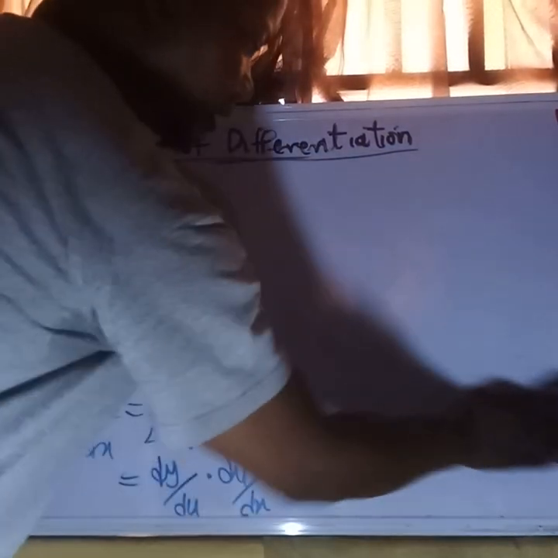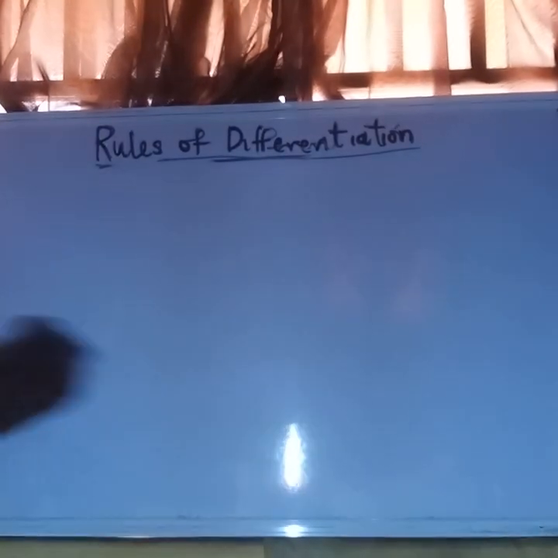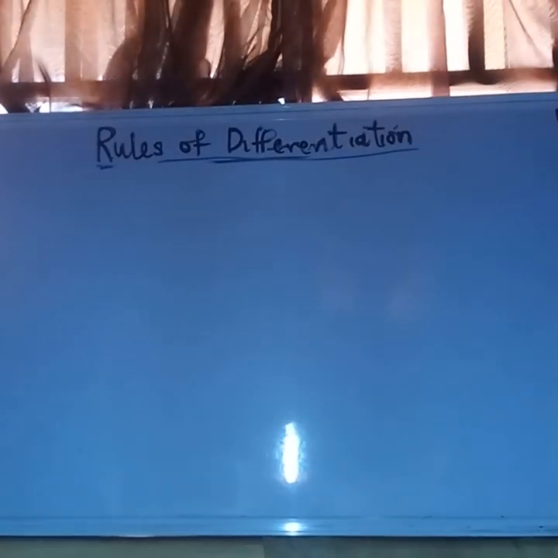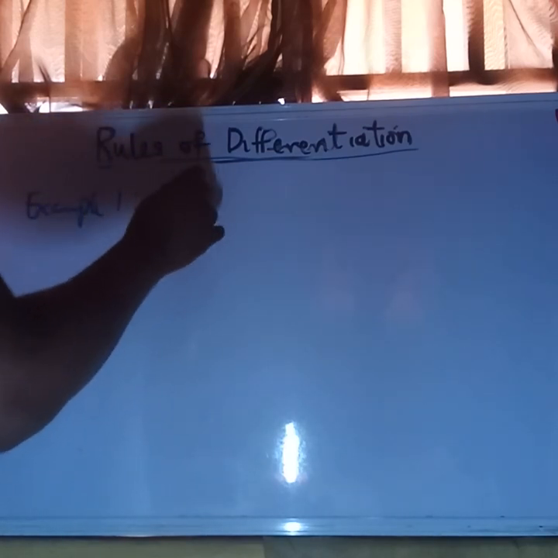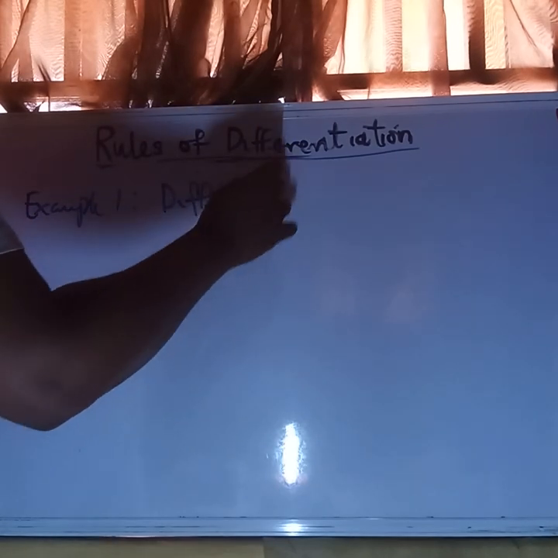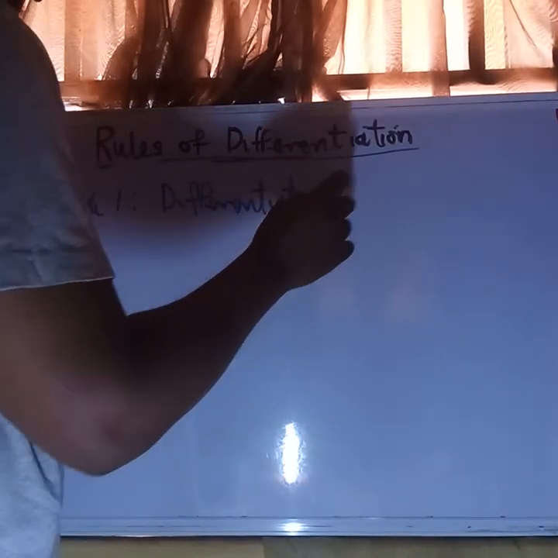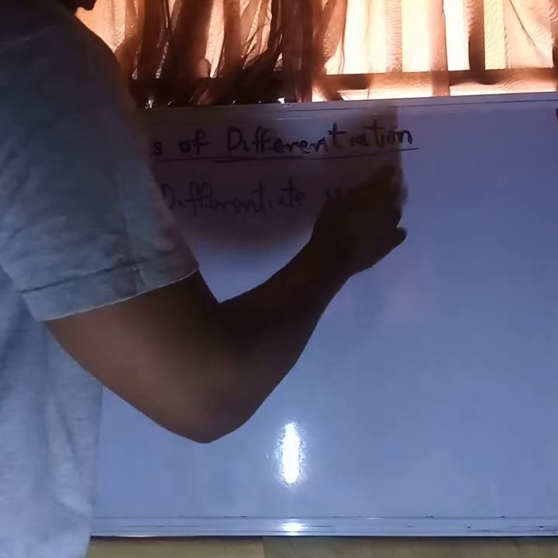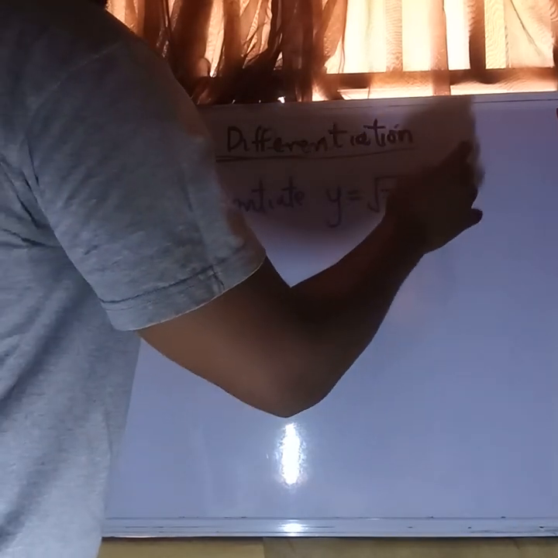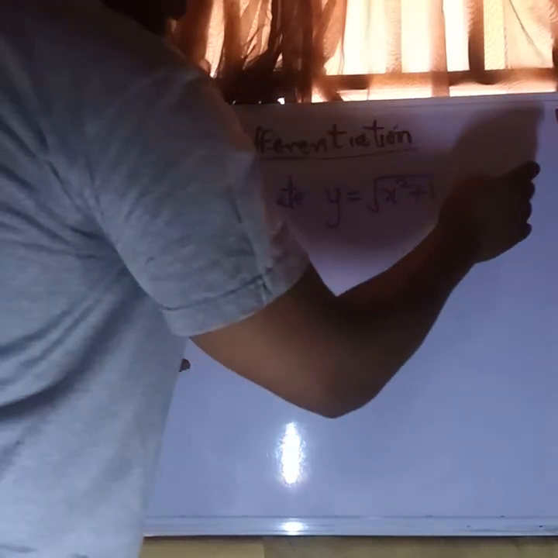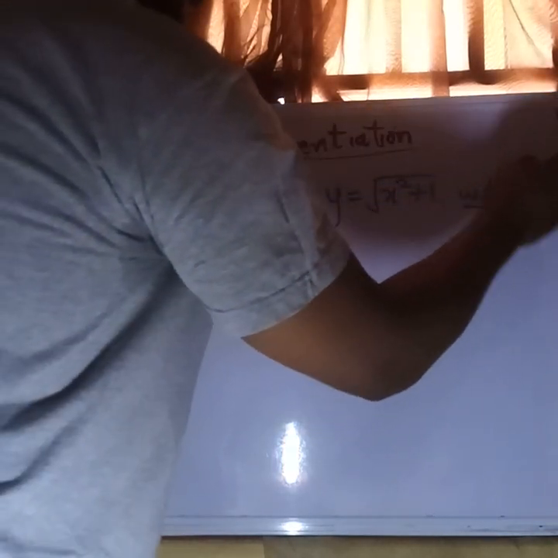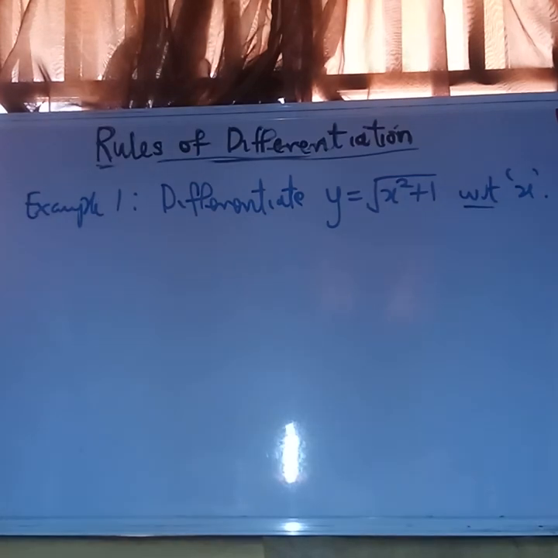Let us first consider the example we have earlier, which is if you have to differentiate the function y equal to the square root of x squared plus 1, with respect to the argument x.